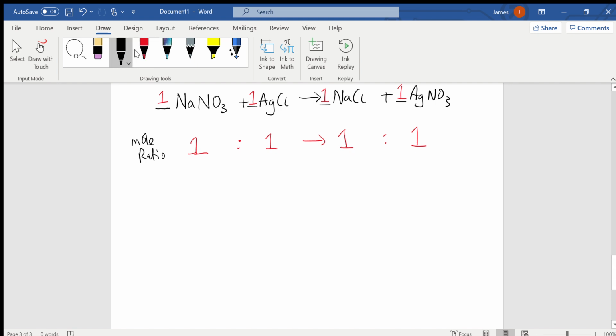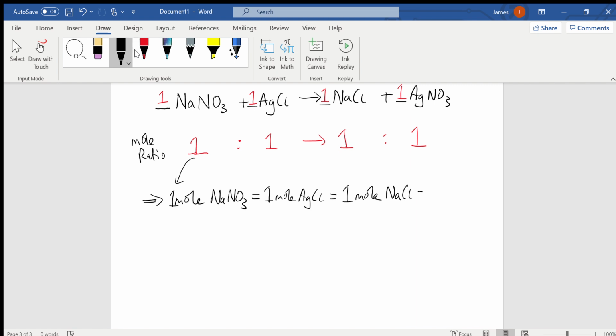That means that mole ratio, once you know it, means that 1 mole of NaNO3 is equal to 1 mole of AgCl is equal to 1 mole of NaCl is equal to 1 mole of AgNO3.